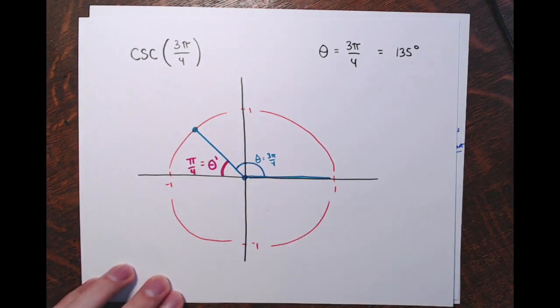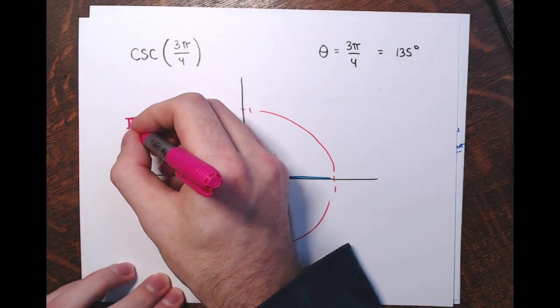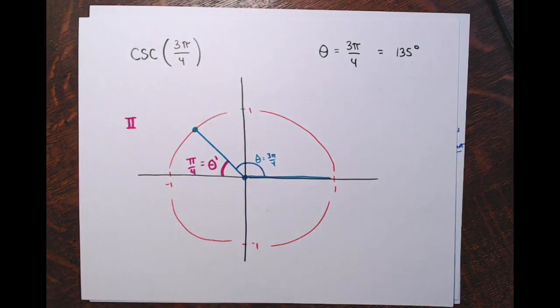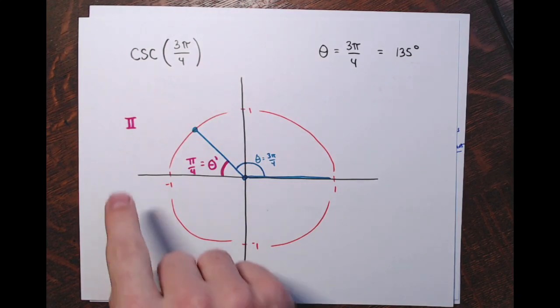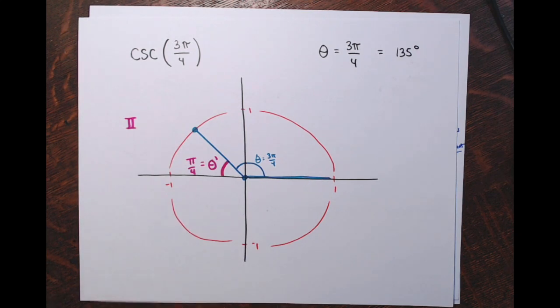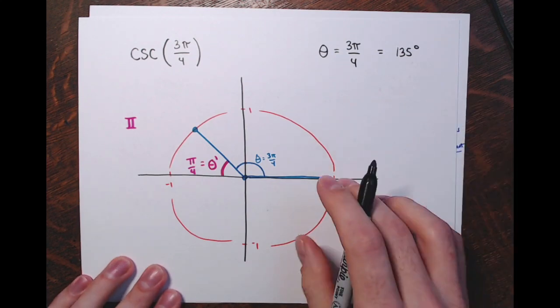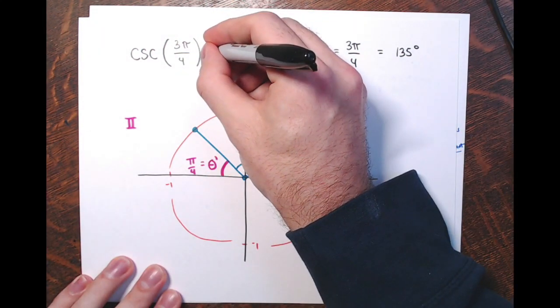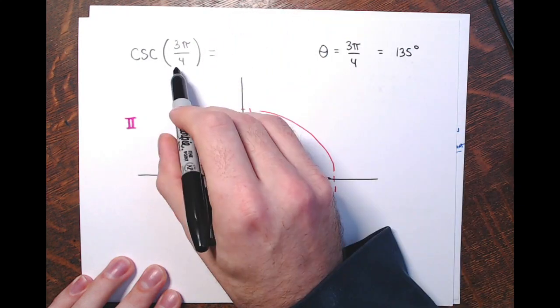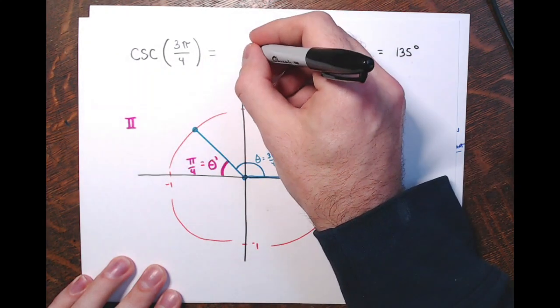So the reference angle is pi over 4, and I'm in quadrant 2, where the x coordinates are negative, cosine is negative, and y coordinates are positive, so sine is positive.